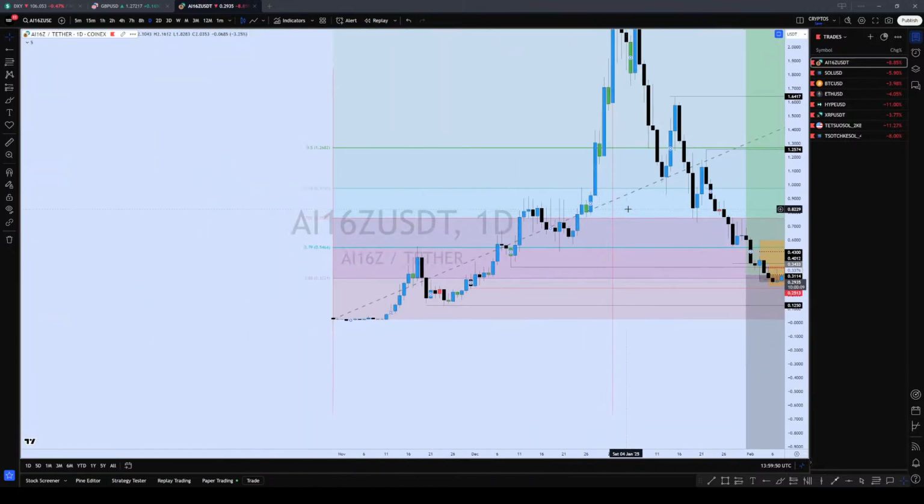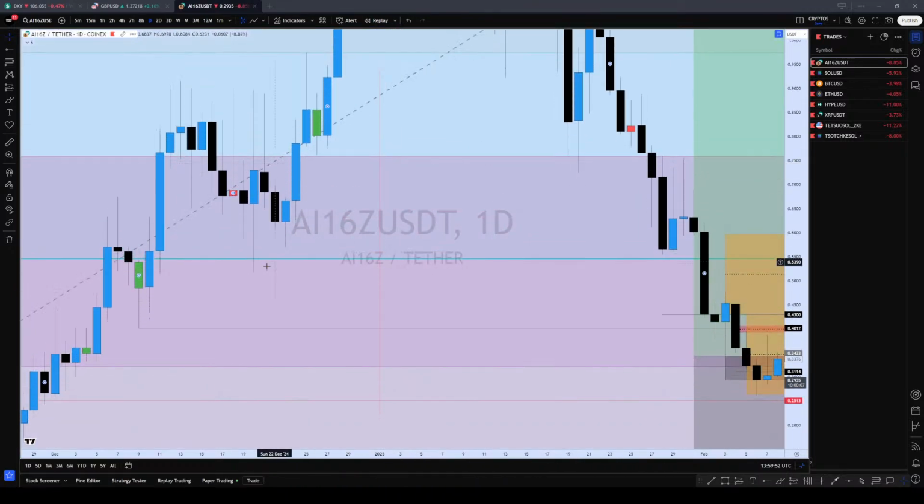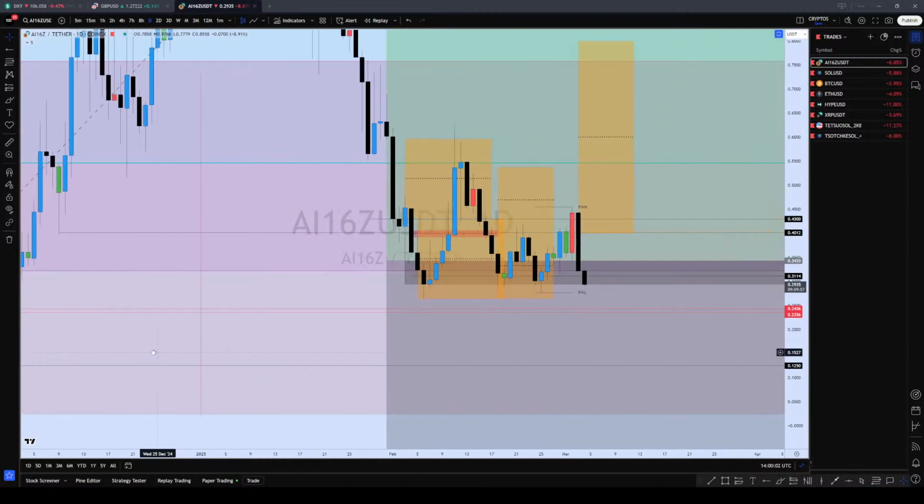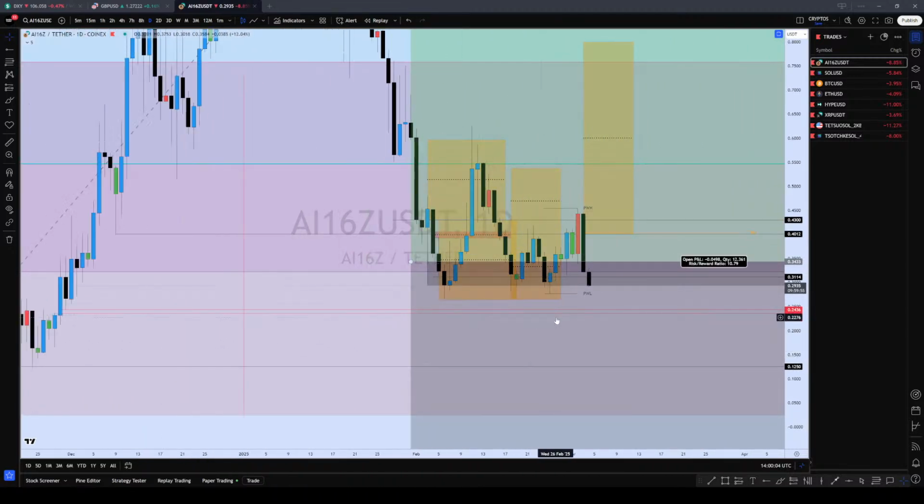Let me zoom in. This little one. Keep an eye on that one, because if it can get there, that will be extremely cheap again. So that will be another buying opportunity if they can trade there.